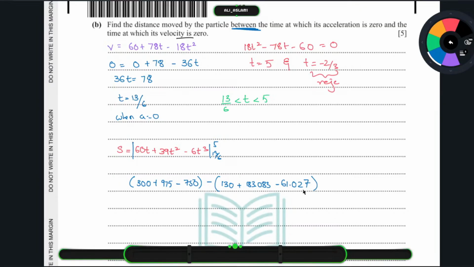So 300 plus 975 minus 750 becomes 525, and this would become 130 plus 183.083 minus 61.027.